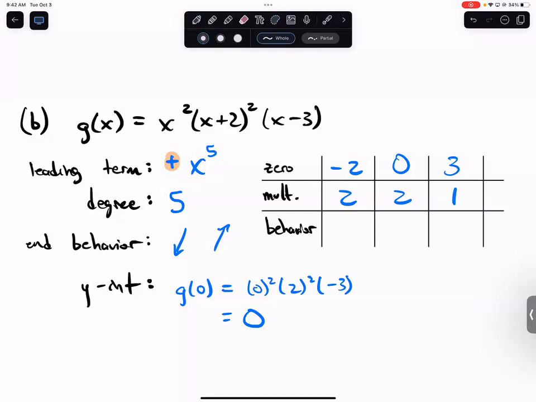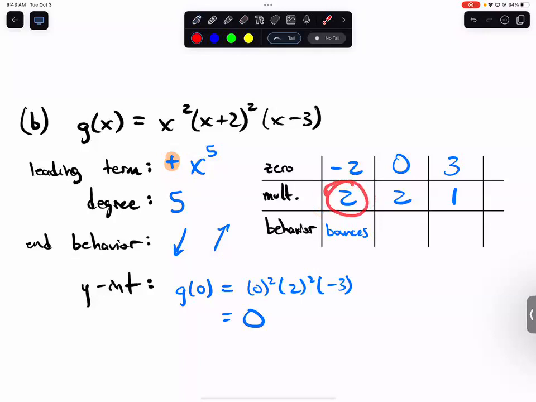If the multiplicity is 2, then on either side of this, just right next to it, locally, the ends are going to go in the same direction, so either both up or both down, which means it's bouncing off. So how do you tell if it bounces or crosses? If the multiplicity is even or odd. Even multiplicity means it bounces. For odd multiplicity, you can think about it the same as degree, like the degree for that piece.